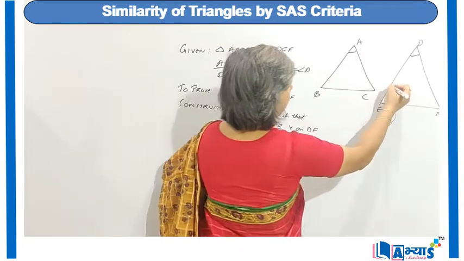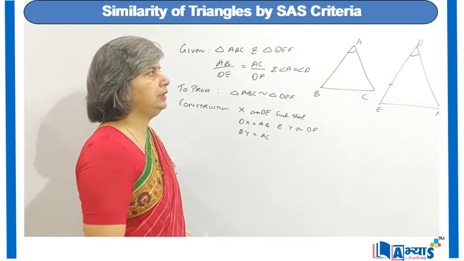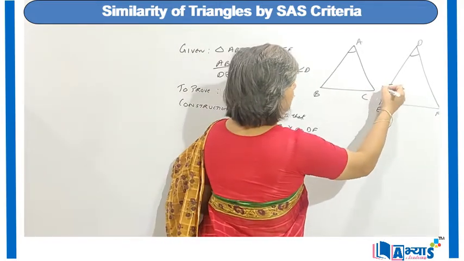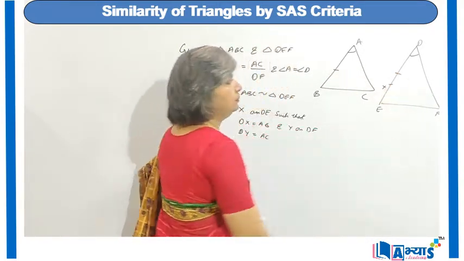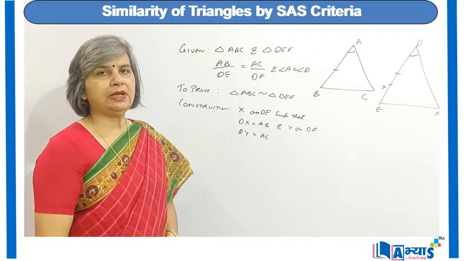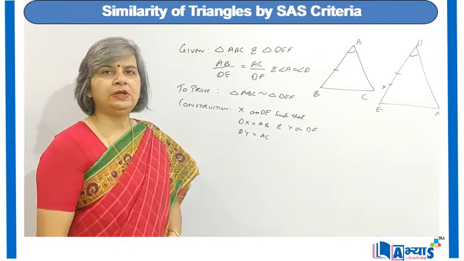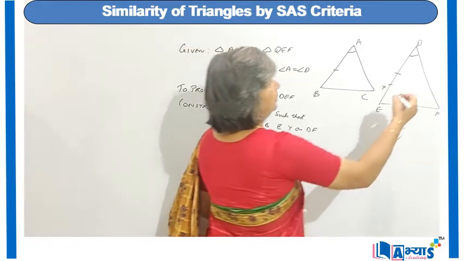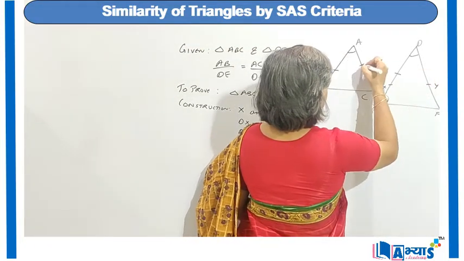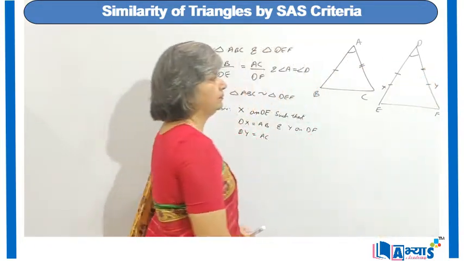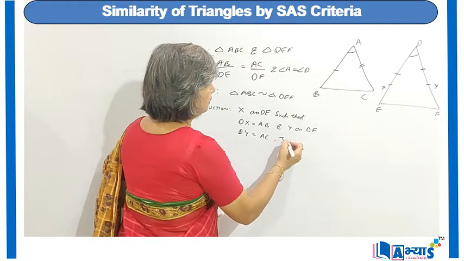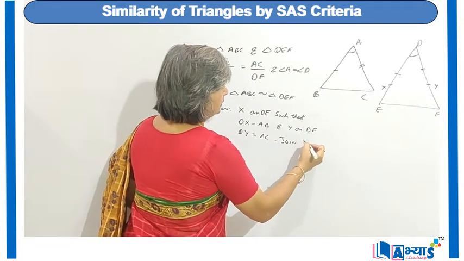That means we will take a point X on DE such that AB is equal to DX, and then we will take a point Y on DF such that AC is equal to DY. Then we will join XY.